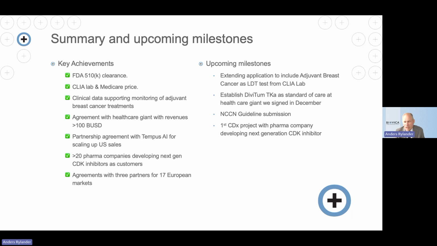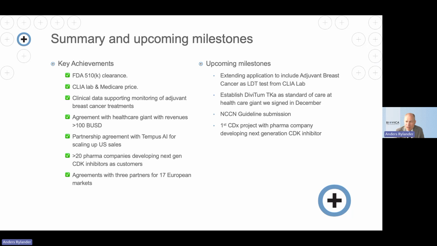We will later this year do a submission for NCCN guidelines, and we're looking forward to the feedback there. And also we're continuing to work with our pharma partners to extend revenues, with closer collaborations leading to new projects and products.